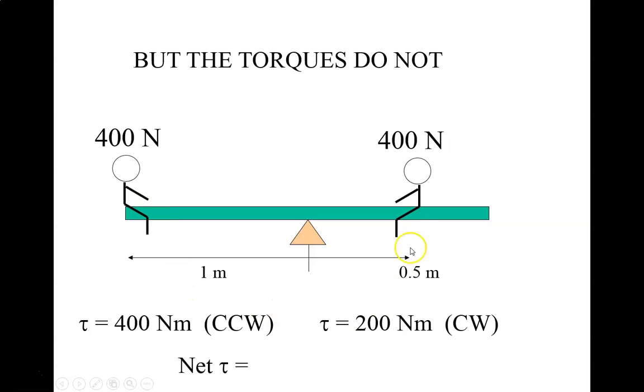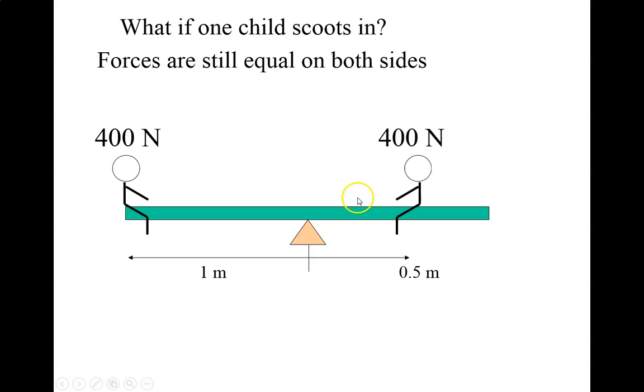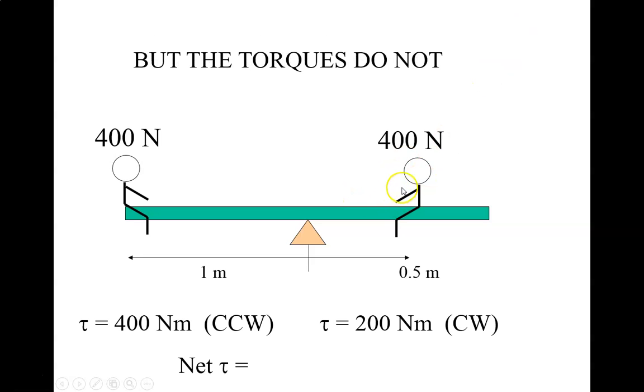He's causing this to rotate around like this, which is counterclockwise. Well, he's not causing it to, but he would cause it. This guy on this side of the pivot is trying to push this thing down, where it's going to go around like this, which would be clockwise.